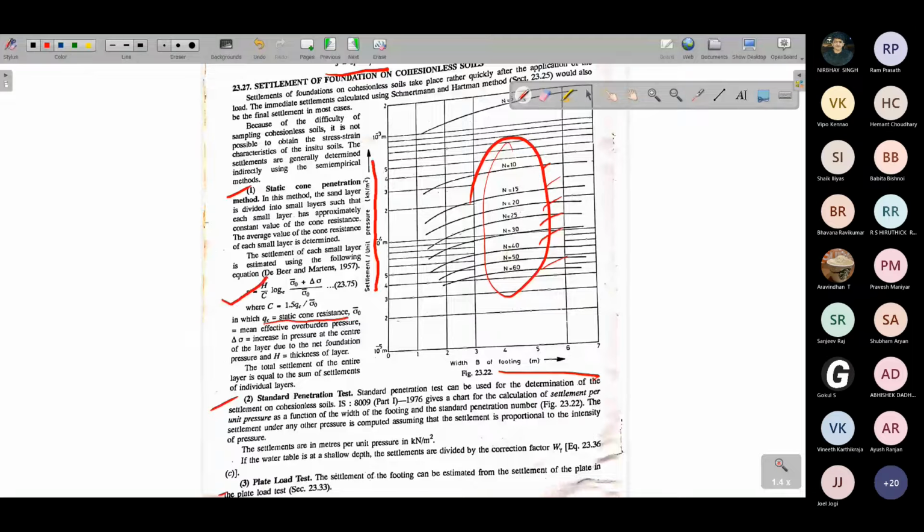Here the settlement of a foundation on cohesionless soil takes place rather quickly. Because of this difficulty, sampling cohesionless soil to obtain the stress-strain characteristics is not possible.